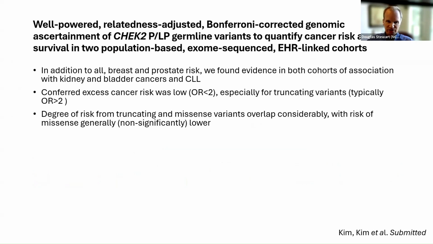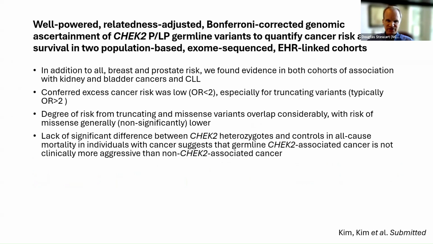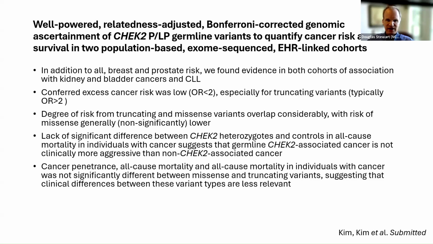It's typically reported greater than 2. We saw this overlapping risk for truncating and missense, not significantly different, and didn't see a lot of differences in all-cause mortality or in mortality of individuals who have cancer.